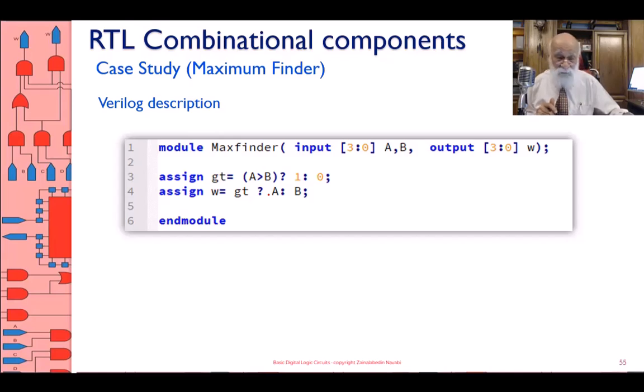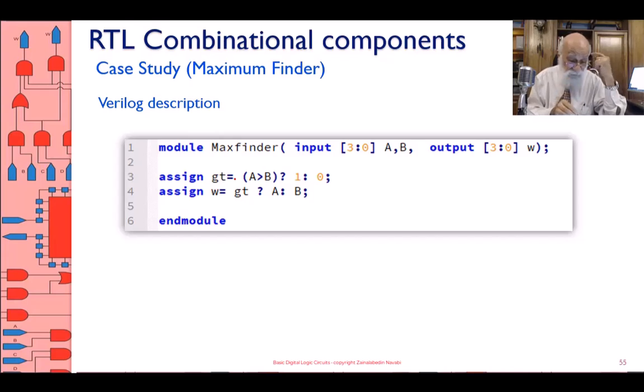That's one way of writing it. A and B are 4-bit inputs, and W is a 4-bit output. I'm using assign statements, two assign statements. Here I'm showing you that you can write two assign statements, and you can order them however you want, and it still works.